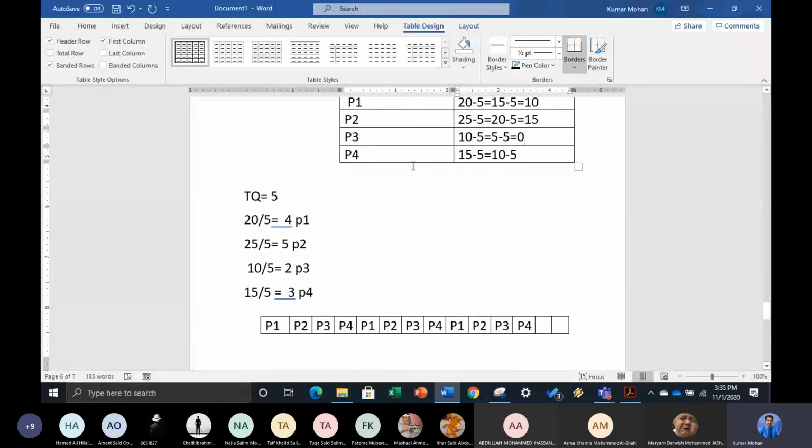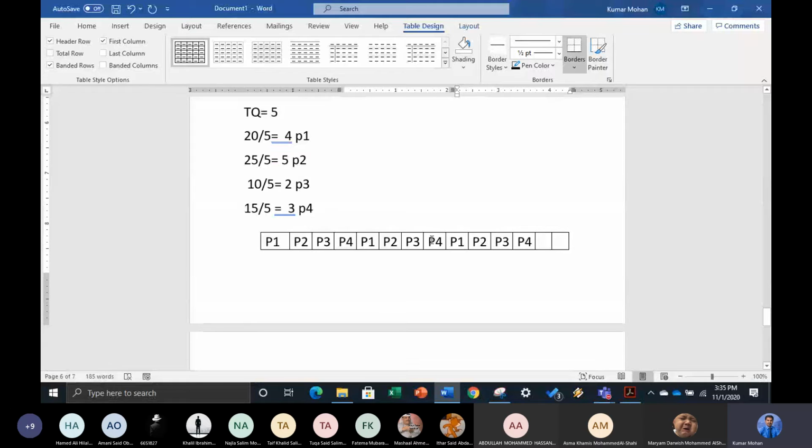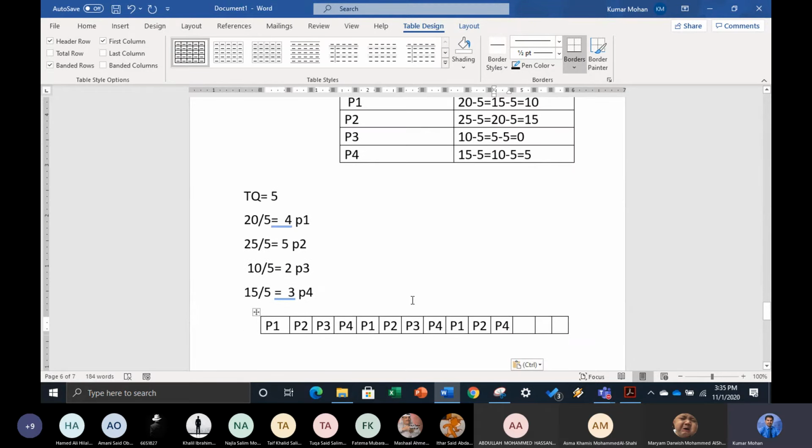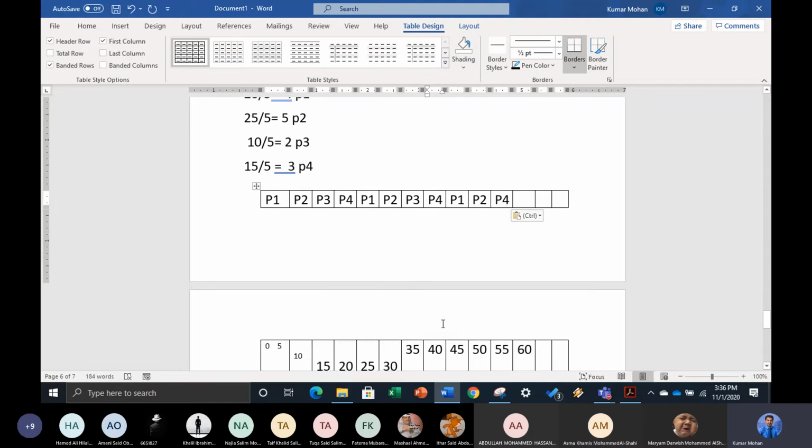That means P3 will come only 2 times, right? P3 will come only 2 times. Yes or no? Now can you see here? P1, P2, P3, P4. Again P1, P2, P3, P4. So I just put the numbers.